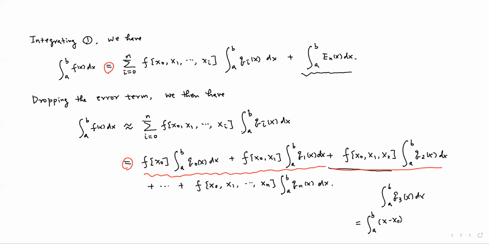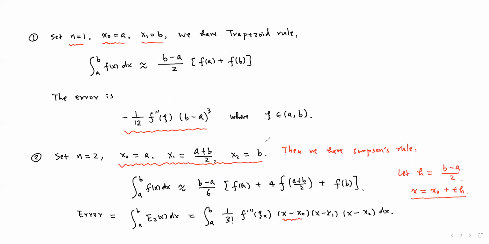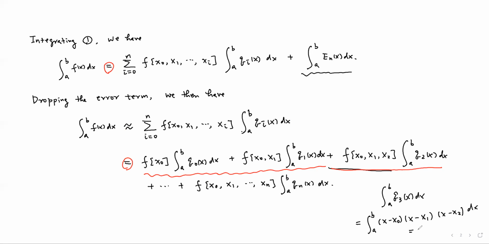It is (x minus x0), where x0 is a, times (x minus x1), where x1 is the midpoint of the interval AB, and then (x minus x2), where x2 is the right endpoint b. For this special choice for the roots, it turns out that this integral is 0. How to see this? I will show you. The fourth term turns out to be 0.